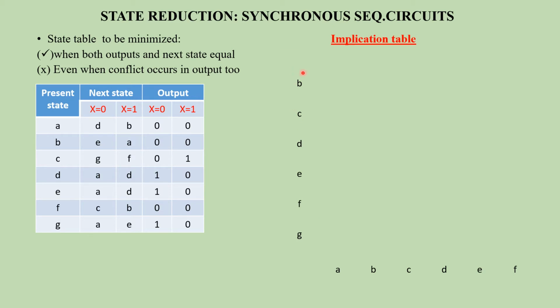You are avoiding the first state in the table, right? While putting it in the horizontal manner, leave the last state. So do remember, while putting it in vertical, we have to leave the first state, and while putting it in the horizontal, we have to leave the last state. This is the first step in the implication table.